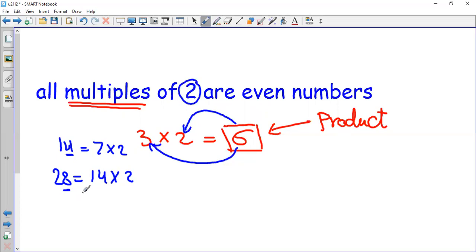And if you check the list so long, you will find that all of them are even numbers. Because they are multiplied by 2, this means I can break them into two equal parts, so they are even. So all multiples of 2 are even numbers.